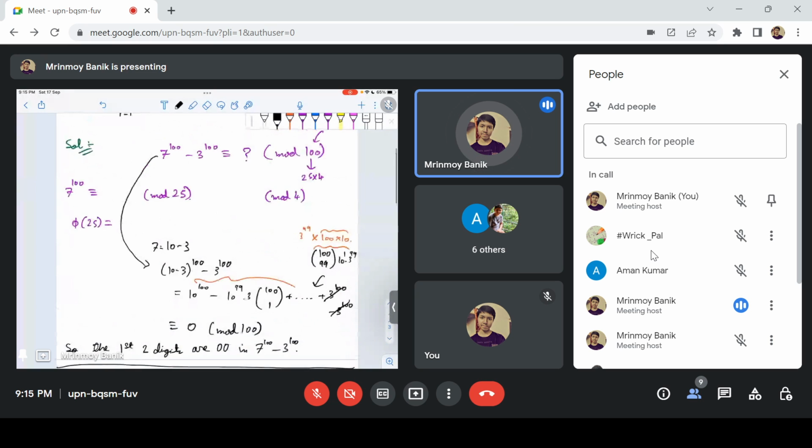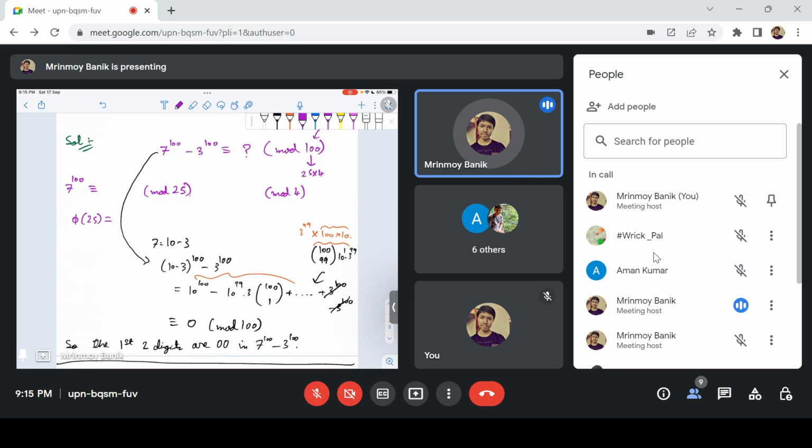Or if you want to do it in Aman's way, then we have to compute phi of 25. I guess it's 25 times (1 minus 1/5), so it's 5 times 4, or 20. So then we get 7^20 is 1 mod 25.